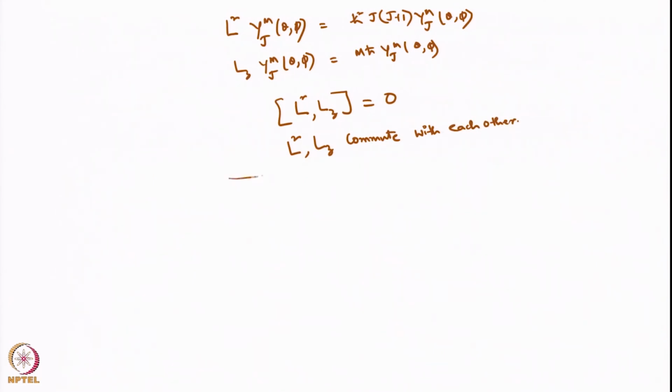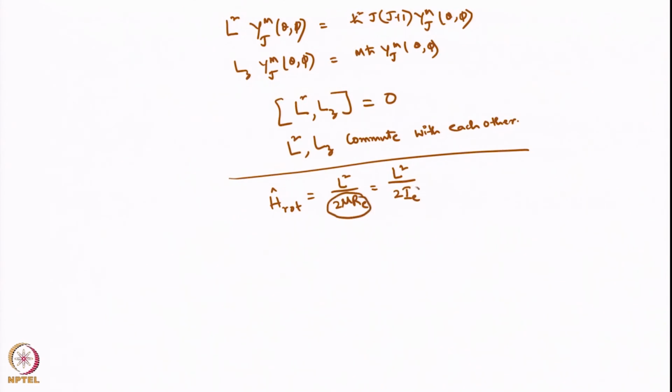Okay. Now, let us go back to our Hamiltonian. Your H rotation was nothing but the operator L square by 2 mu R_e squared, or the same as L square by 2 I_e. Now, you can see the 2 mu R_e squared part is just a constant. So, if you multiply by a constant, the wave function is not going to change.